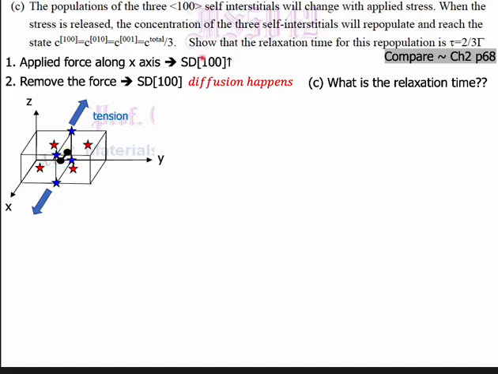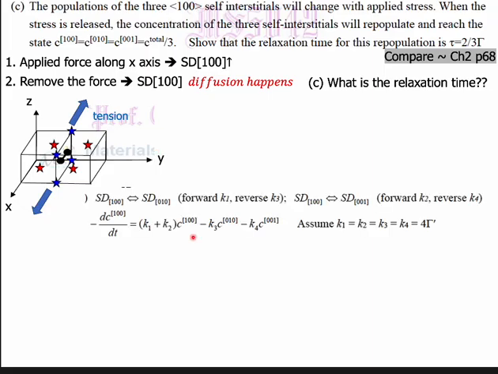The split dumbbell 100 will jump to 010 or jump to 001, and some of the split dumbbells will jump back to 100.